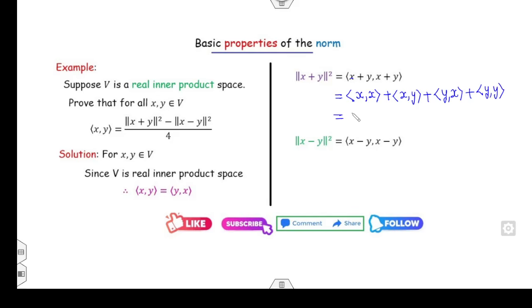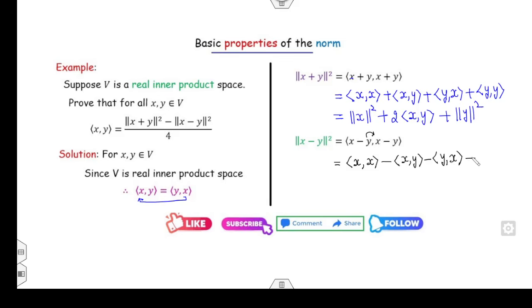So you can write that number will be norm of x square plus, because the inner products of xy and yx are the same, this number is twice of xy plus norm of y square. Similarly, I can open this second part. It's x comma x minus, first with x, then you can write with the y minus y comma x minus minus plus y comma y.